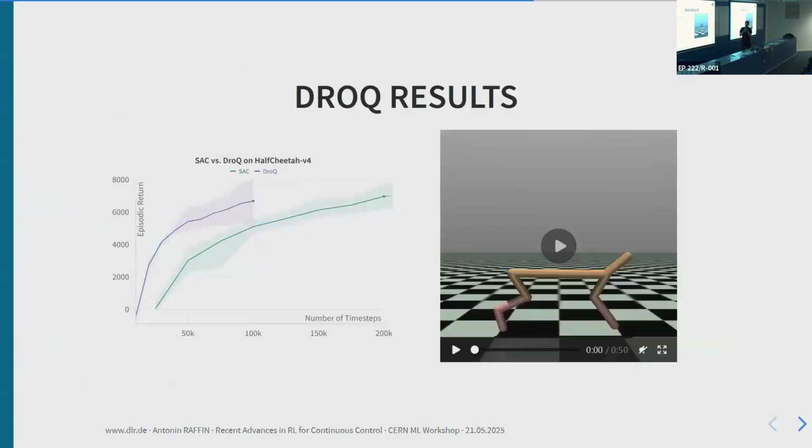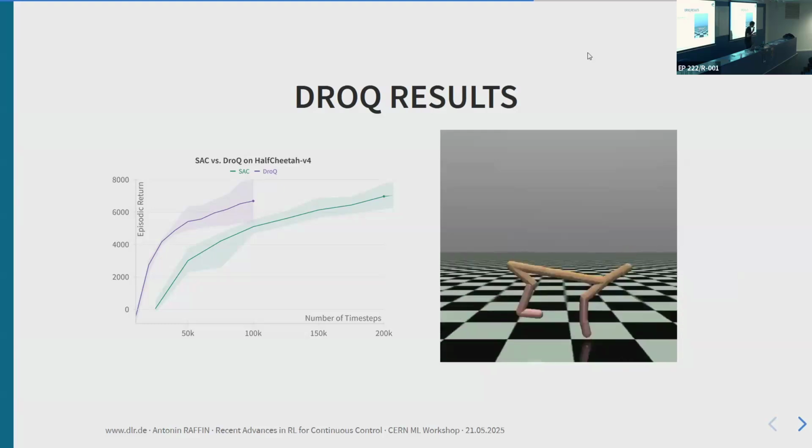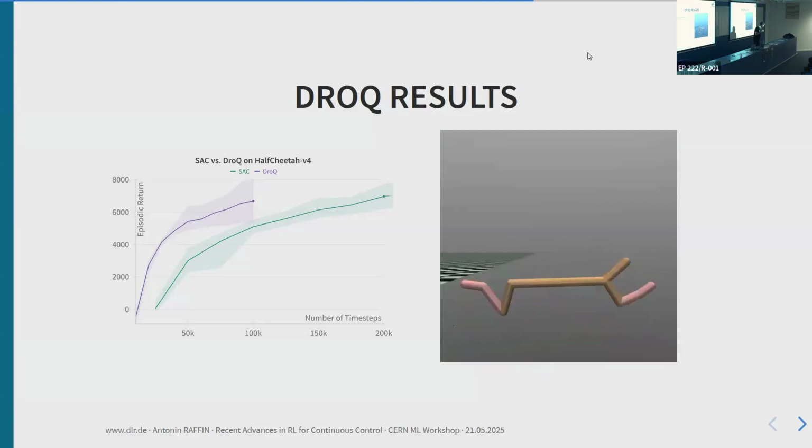In terms of results, actually, it improved quite a lot in terms of sample efficiency, depending on the algorithm, on the environment, of course. Here it's a simple MuJoCo environment called half cheetah, basically a sausage that is jumping. And it can be from 2 times to 4 times more sample efficient.